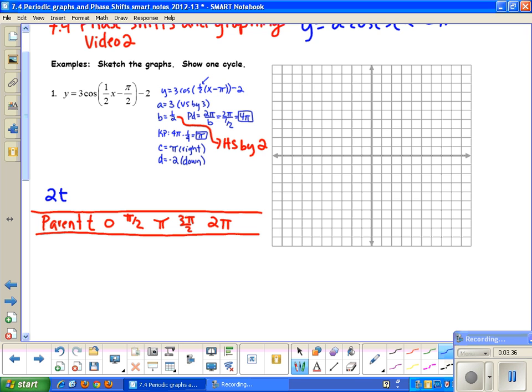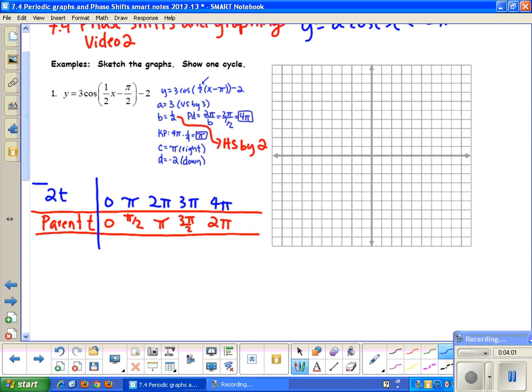That's why I'm multiplying them by 2 in this case. So 2 times 0 would give me 0. So 2 times pi over 2 gives me pi. This would be 2 pi. This one's going to be 3 pi and 4 pi. And again, it makes sense because we did a horizontal stretch by 2, so we made our graph larger.